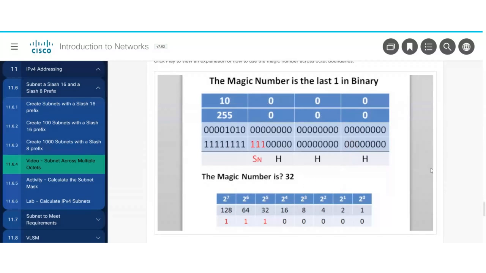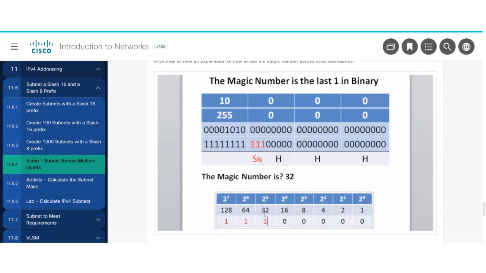This time we have a 10.0.0.0 network address and a classful Class A subnet mask, and we're going to subnet it. So we've taken the 8 bits and borrowed 3 bits, and now we have a /11 subnet mask. The last one in the subnet mask is still in the 32's place. If we look at this 8-bit grouping in this octet right here, the last one is still in the 32's place.